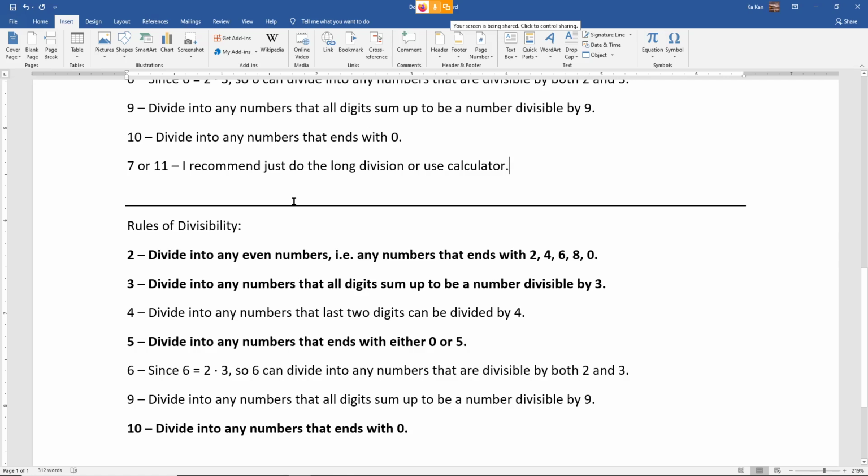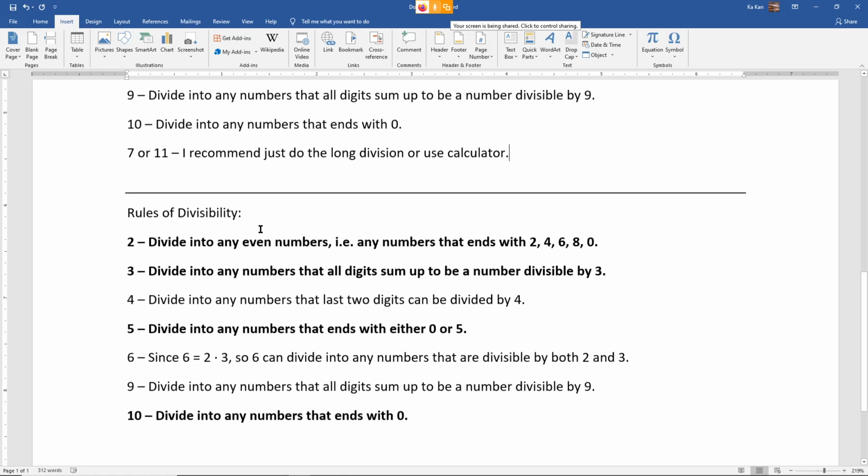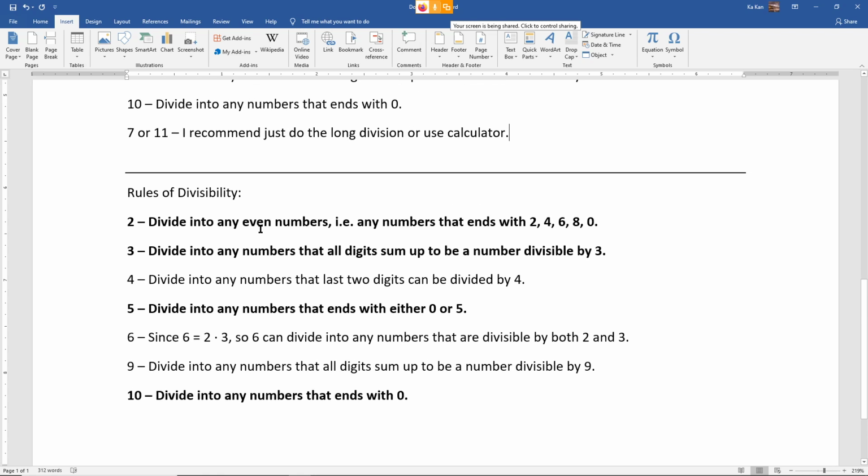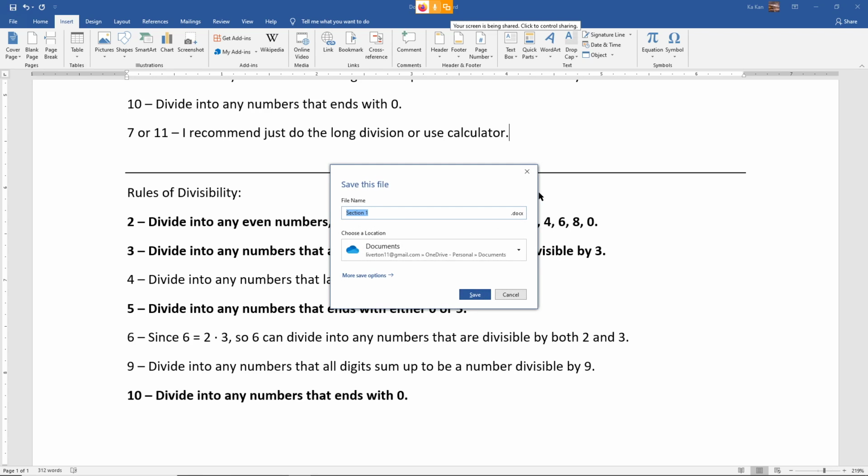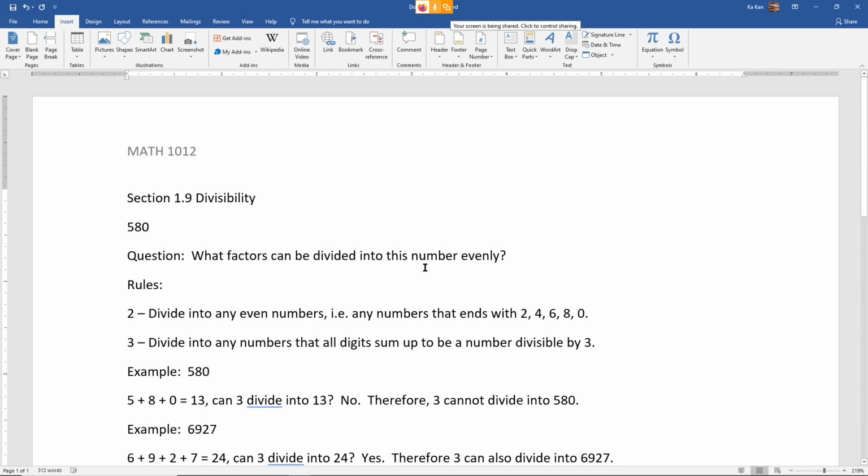It's a lot easier than using any rules that anybody provides. So that's that. I'm going to save this right here so you can use it later. And that concludes session 1.9.